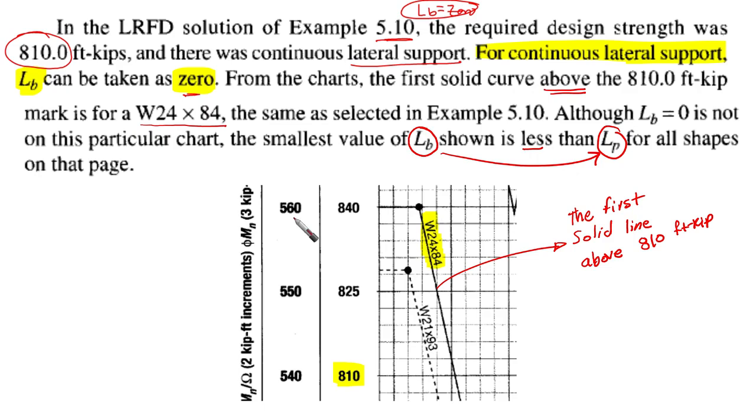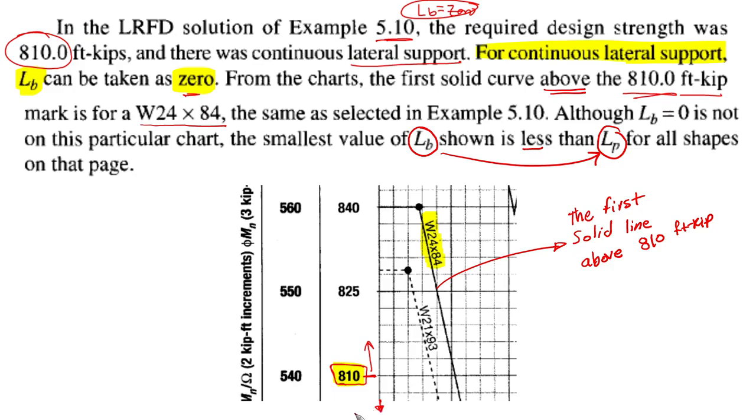If you go to the charts, the first solid curve above the 810 foot kips mark is for wide flange W24 by 84. So this is the mark of 810, and then we're going to look up. Supposedly here we are expecting to have the smallest LB.